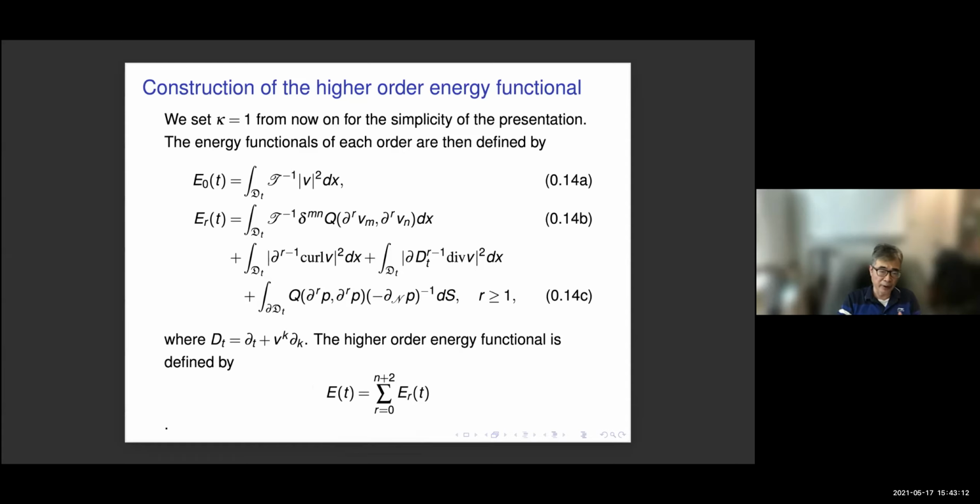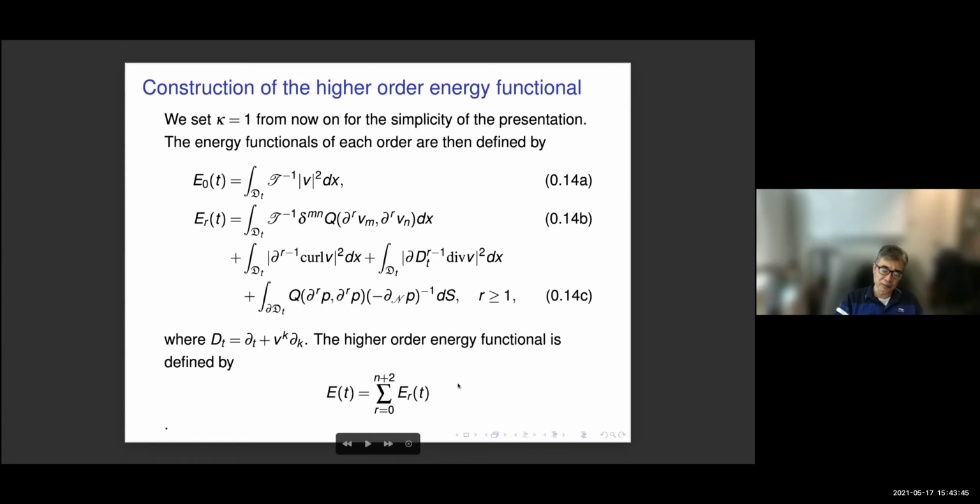For example, a priori assumptions including the L infinity bound of the first derivative of v, p and the entropy, and also the bound for the second fundamental form theta, and also the lower bound of the injectivity radius.